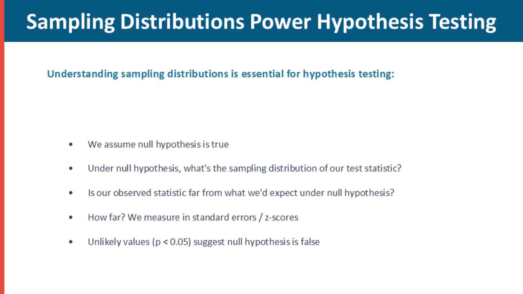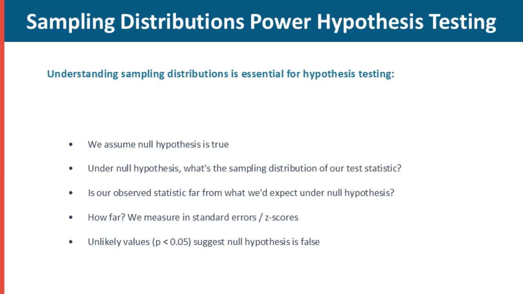In step 3, we look at the actual sample mean. Does it fall where we would expect it if the null were true, or is it in the extreme tail of the distribution? In step 4, we calculate the probability, the p-value. How likely is our observed sample mean if the null hypothesis is true? We measure how far from expected in units of the standard error. Step 5, we make a decision.